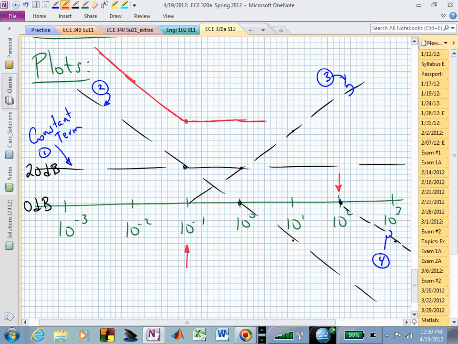I was coming down at a minus 20 dB slope to begin with, and then I changed my slope by plus 20 dB. So I have 0 dB slope until I reach 100. And at that point, I have down 20, up 20, down 20, or a net down 20. Meaning at 1,000, I better be 20 down from where I was.